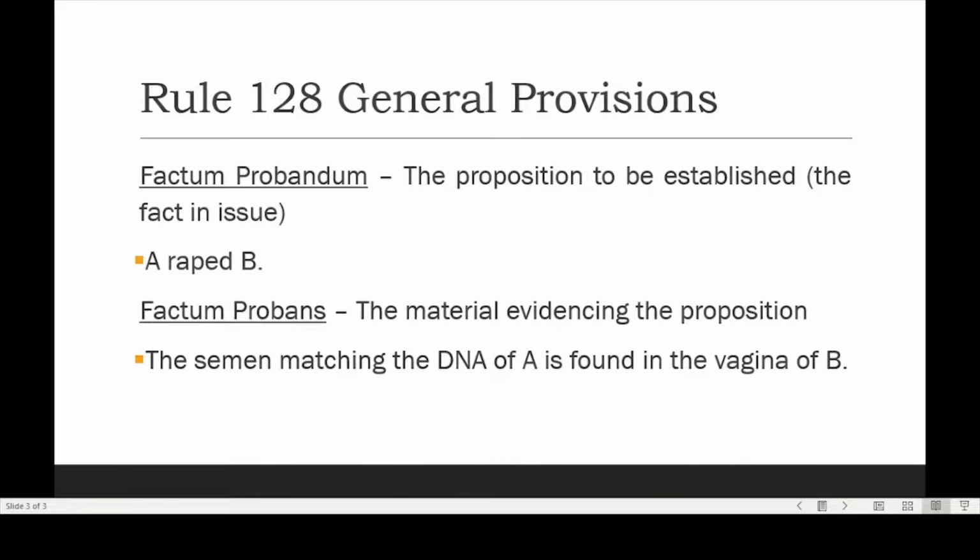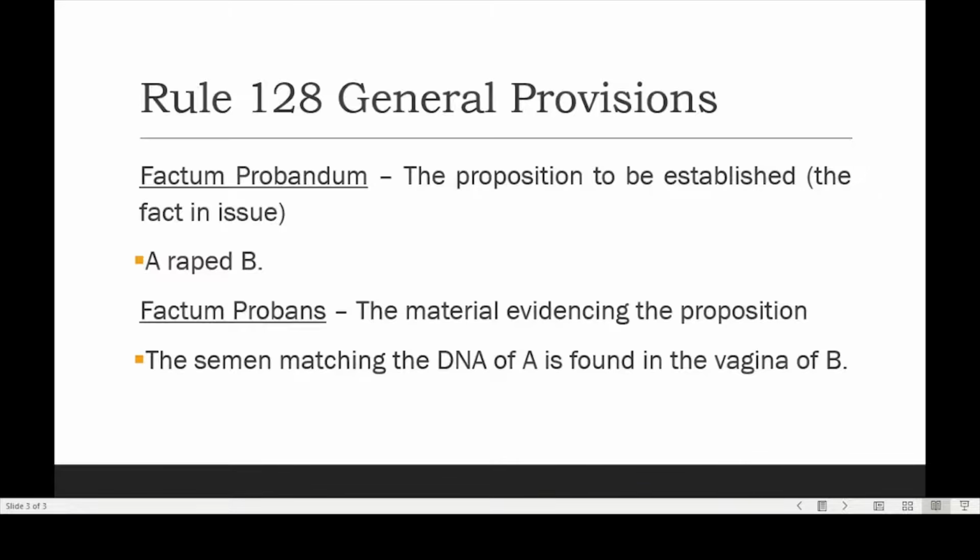In other words, the factum probandum is the fact, the truth of which is to be determined, while the factum probans is the evidence that will show whether the fact to be determined is true or not.